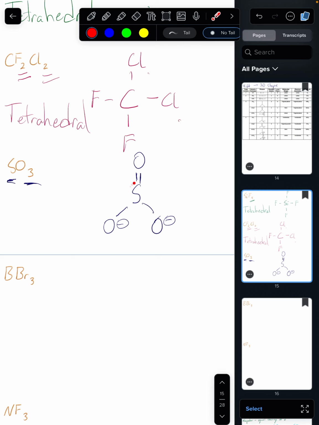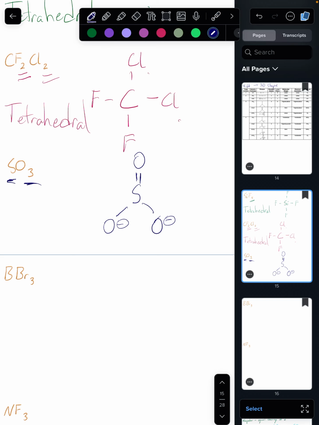And its shape, because this center molecule, yes, it has 4 bonds, but in this case for shape, this counts as only 1 bond. Okay? It's only bonded to 1 item over here, bonded only to 1 item over here, and bonded to only 1 item over here.